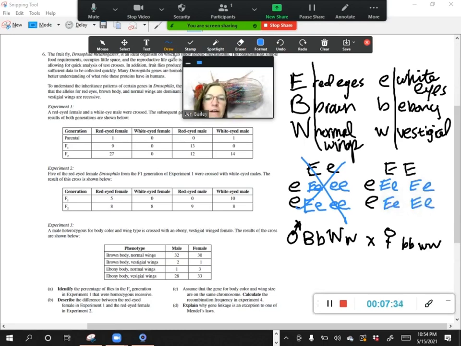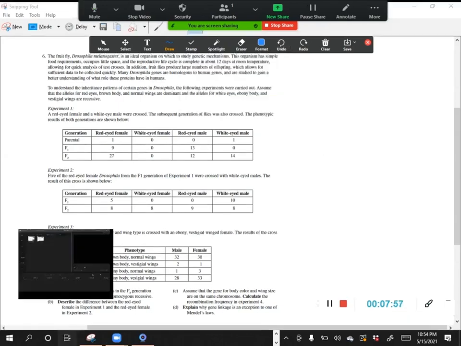They are all heterozygous. And if we look back here again, that means that we should have all red eyes and 0 white eyes. And look, that's exactly what we have. We have all red eyes and 0 white eyes. So we know that this female is homozygous dominant. Okay.